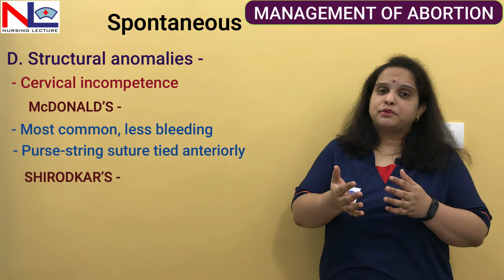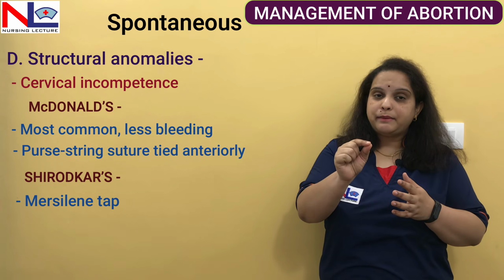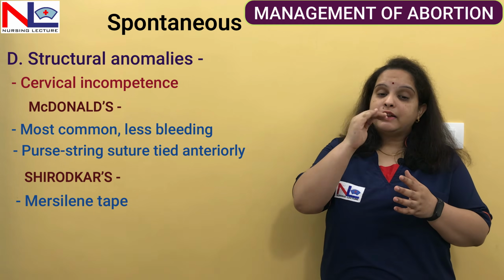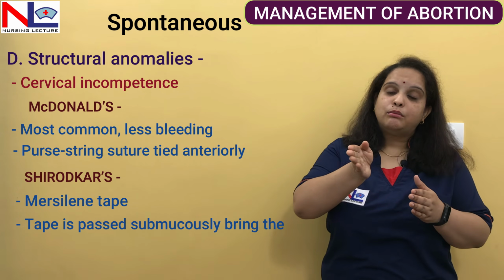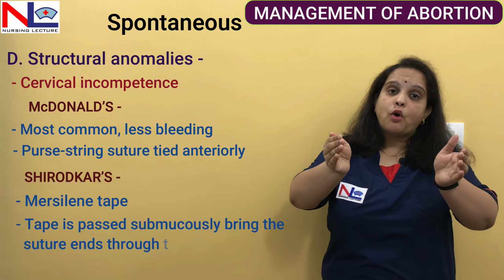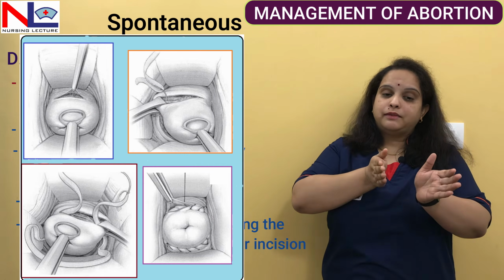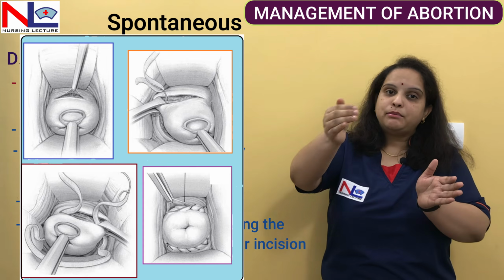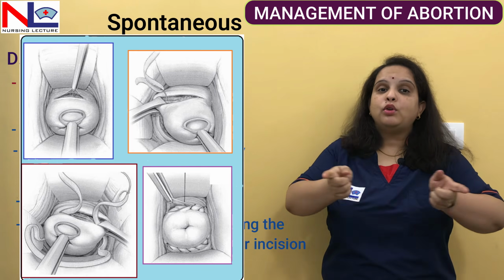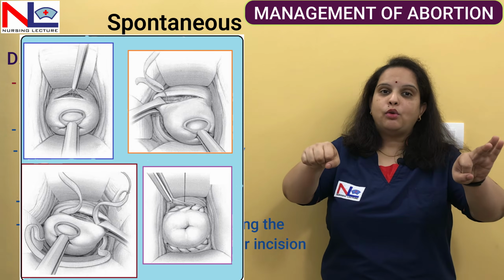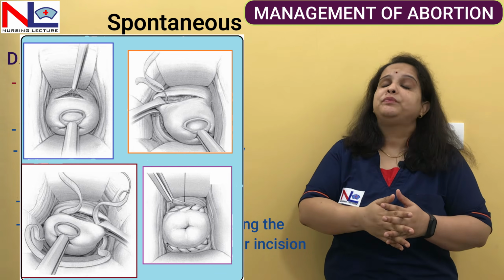Now in Shirodkar's procedure, we use non-absorbable suture material, that is muslin tape, and give an incision on the anterior and posterior aspects. Then we pass this muslin tape along the wall of the cervix, submucosally, from anterior to posterior, and then on the posterior aspect we tie both ends of the tape, snugly holding it.